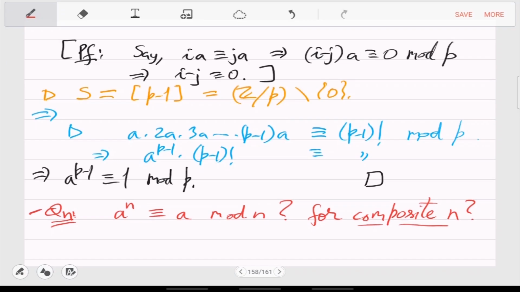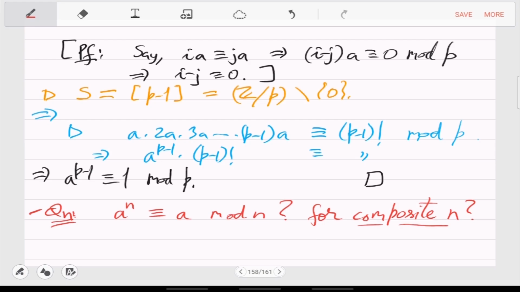So in case n is prime, we have shown that a raised to n is a mod n, but if n is composite, moreover a is, let's say, co-prime to n, in that case what is a to the n? Yeah, so then Fermat's little theorem kind of result is not there.